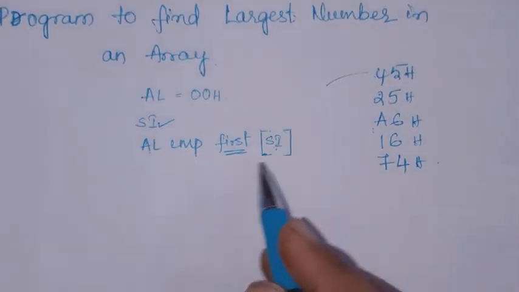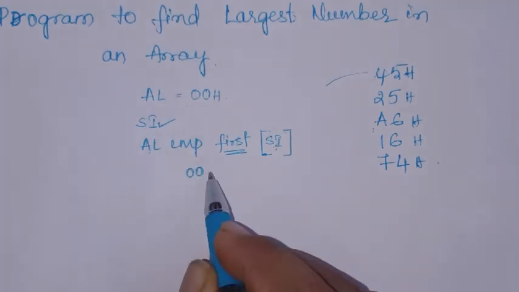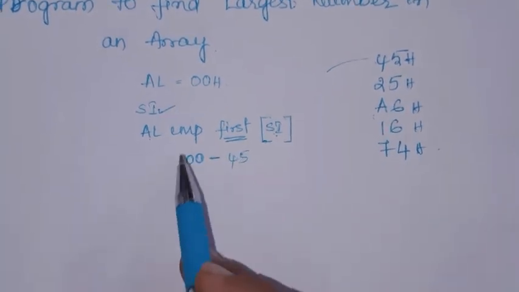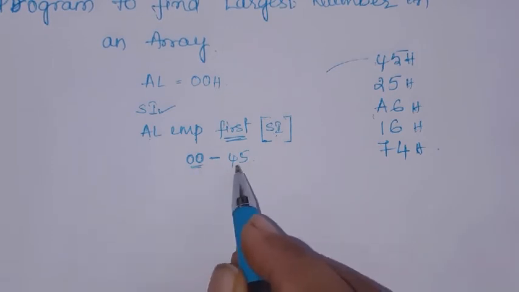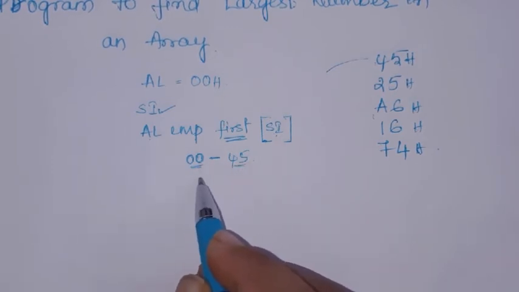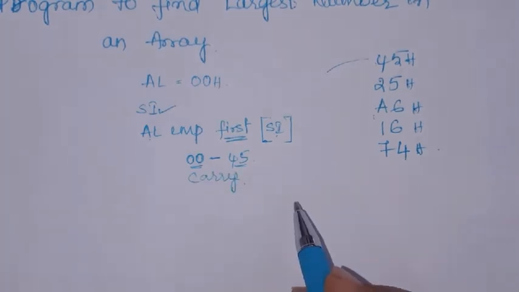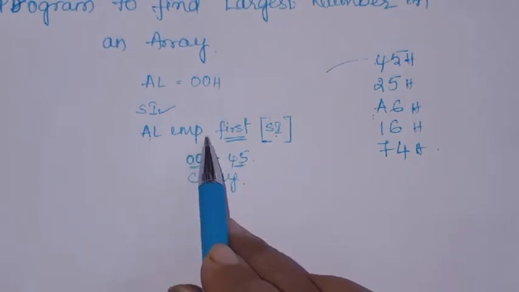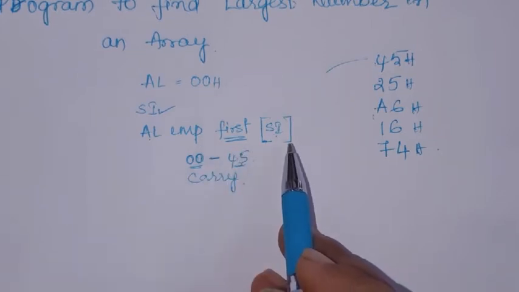Comparison means: what is in the AL register, 00. Now 00 minus 45 takes place when we compare these two. Because this is a smaller number, there will be a carry. So here carry is to be checked, because the contents will not change, only the flags will be affected. When the comparison instruction gets executed, only the flags get affected. So we'll check the flags and decide.